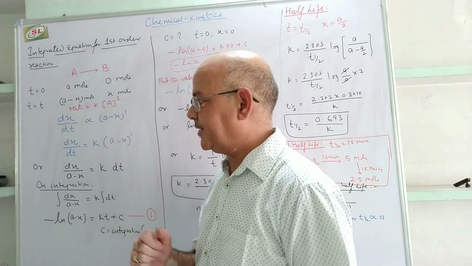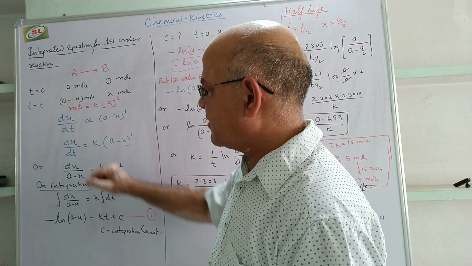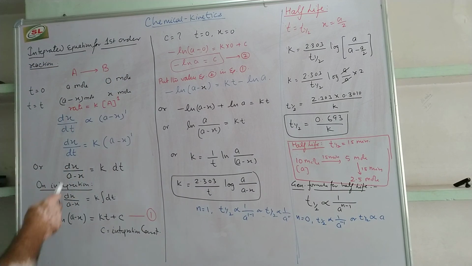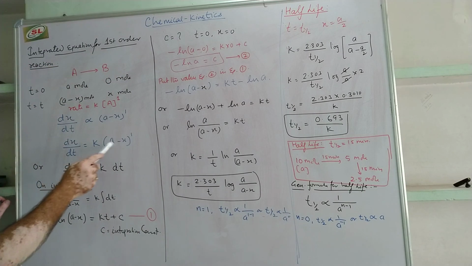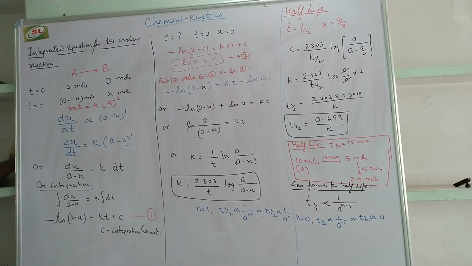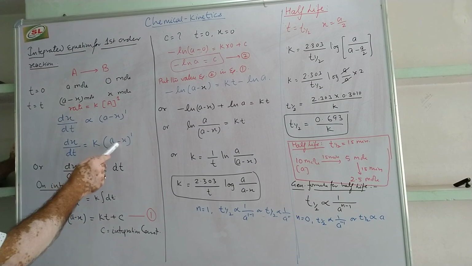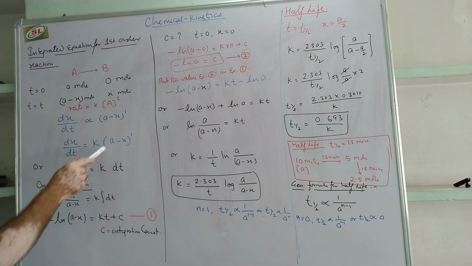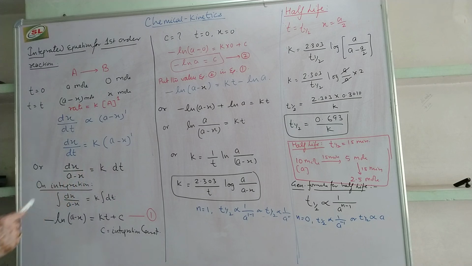This is very important. So here we put the proportionality sign and the rate constant: dx upon dt is equal to k, a minus x to the power 1. We can bring a minus x here and dt there, so the equation can be written as dx upon a minus x is equal to k dt.